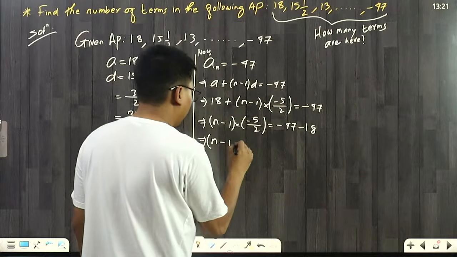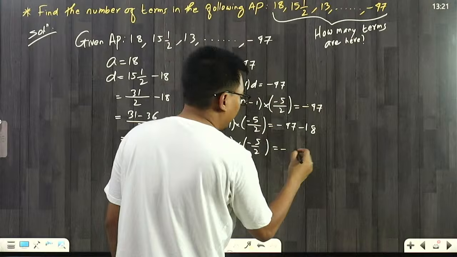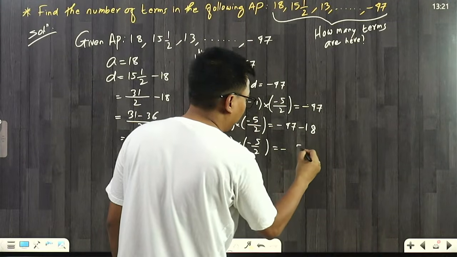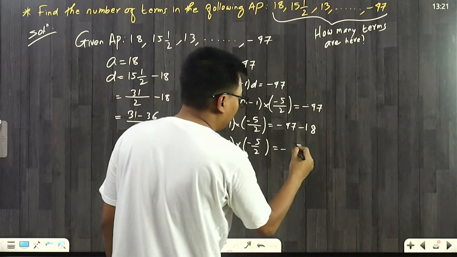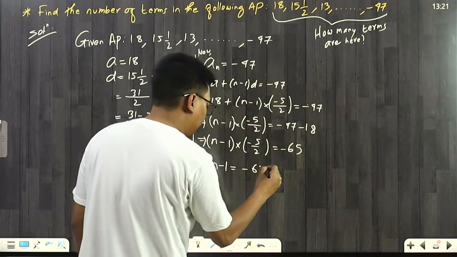So (n minus 1) into minus 5 by 2 is equal to minus 47 minus 18, which is minus 65. So n minus 1 into minus 5 by 2 is equal to minus 65.